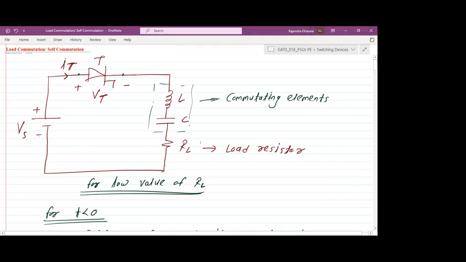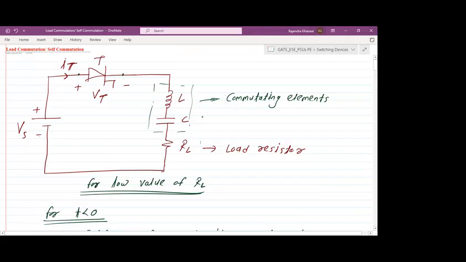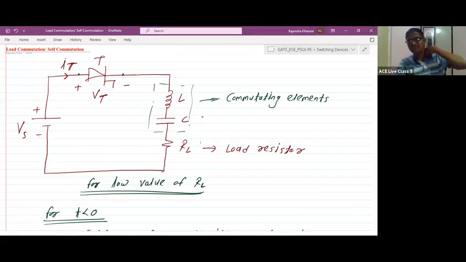But due to this inductor, our capacitor will be overcharged to 2 Vs, because the inductor is storing the energy and after that it is releasing the energy. At the same time, the inductor's energy is also utilized by the capacitor for charging. That's why we are getting 2 Vs.